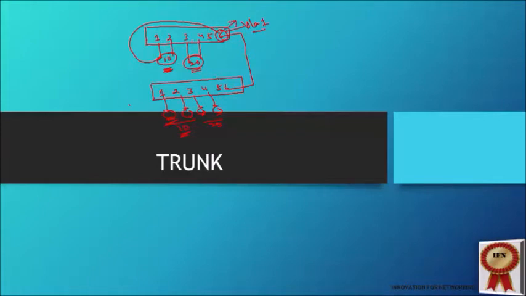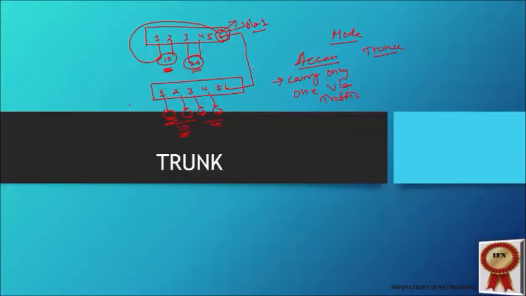Normally, any port can be configured in one of two different modes at a time. The two modes are access mode and trunk mode. The difference between these two is that access mode will carry only one VLAN's traffic.